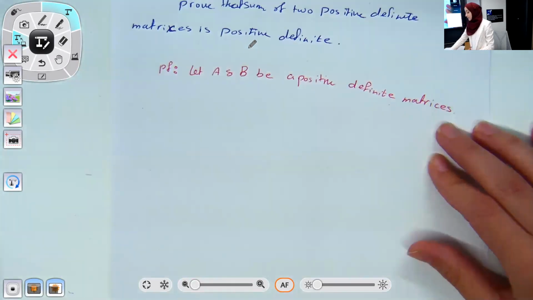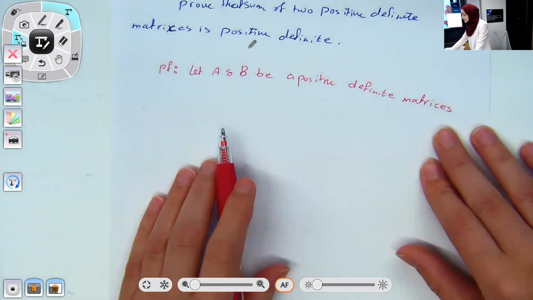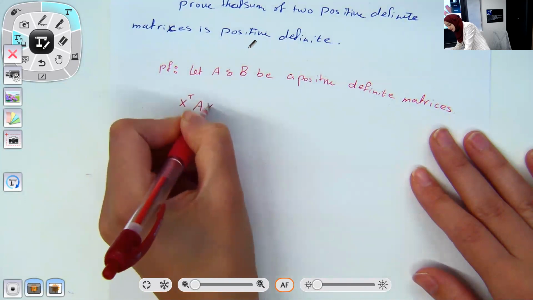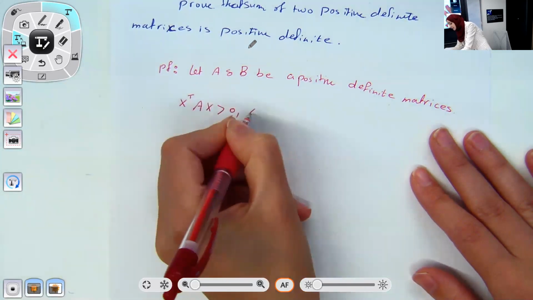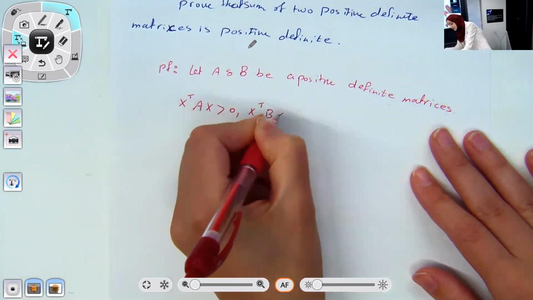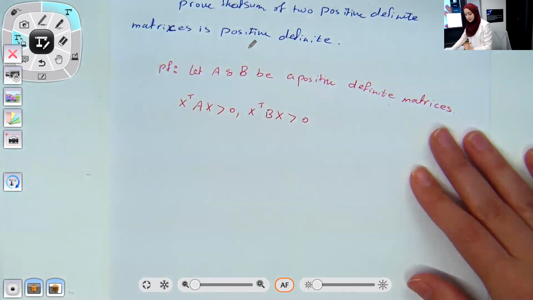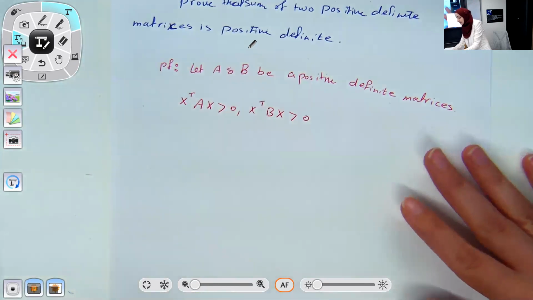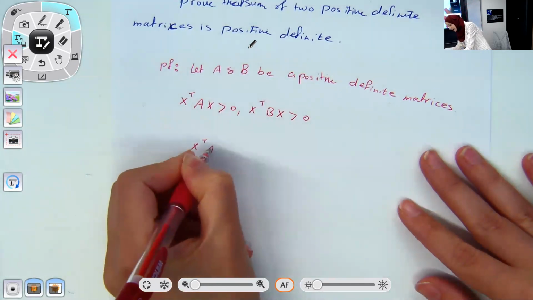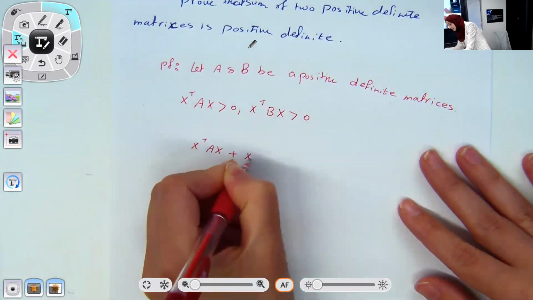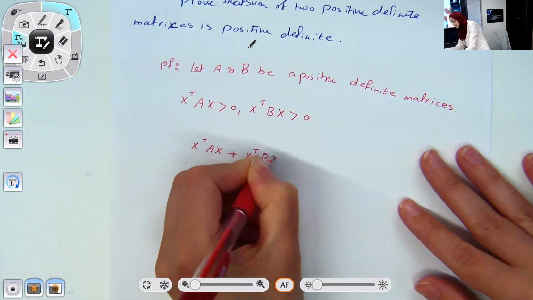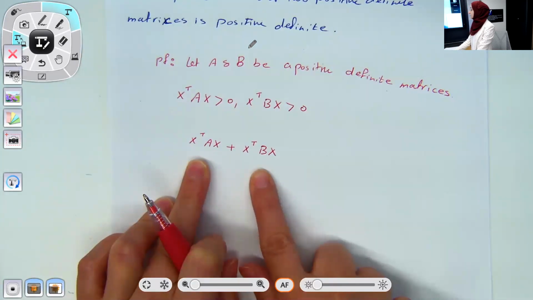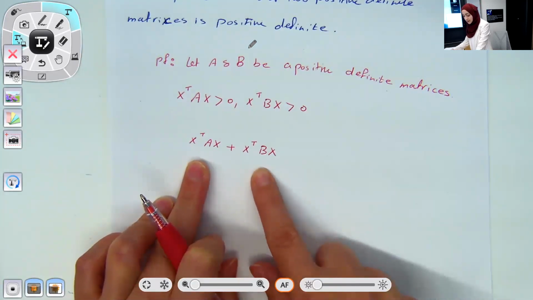What's the meaning of positive definite matrices? That means X transpose A times X is greater than 0 and X transpose B times X is also greater than 0. If we add these together, X transpose AX plus X transpose BX, because this one is positive and this one is positive, the sum of positive plus positive all the time is positive.